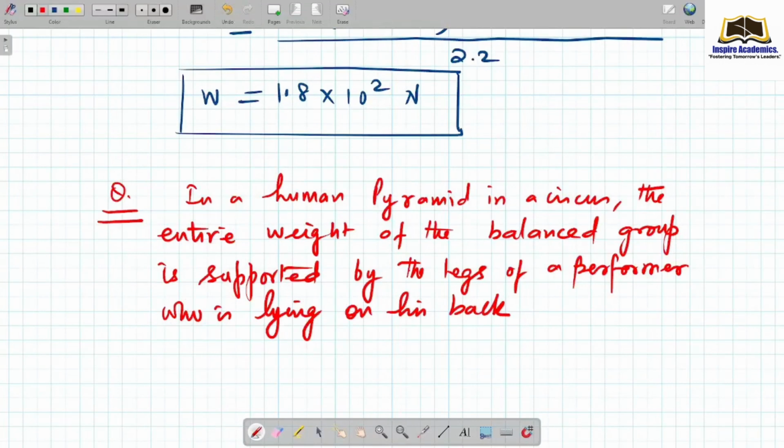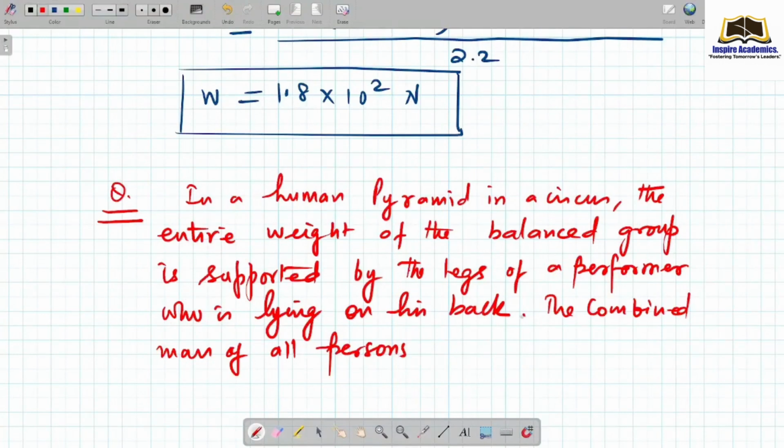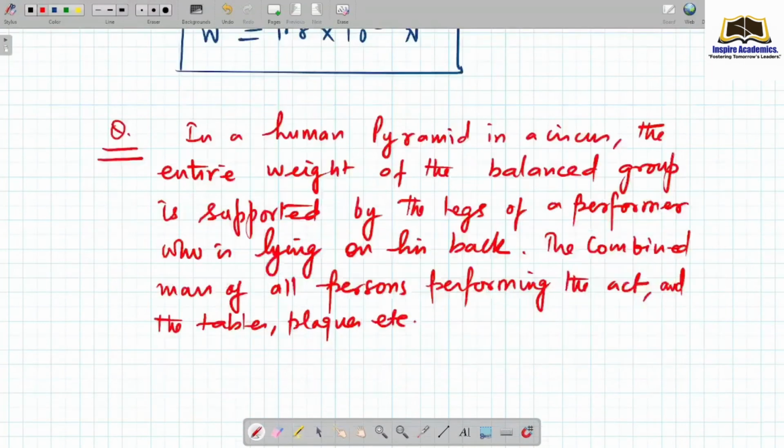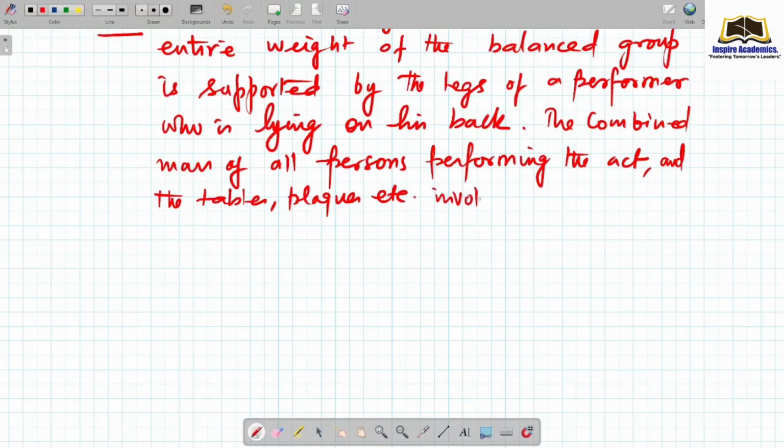The combined mass of all persons performing the act and the tables, flakes, etc. involved is 280 kilogram.